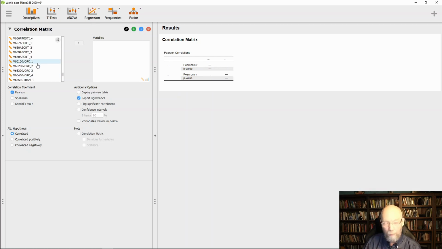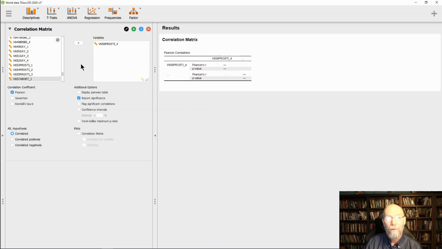Our dependent variable is the 656th variable in this data set that I've put together. So I'm going to put it first because that makes it easier to read the results related to that once I get the correlation matrix.